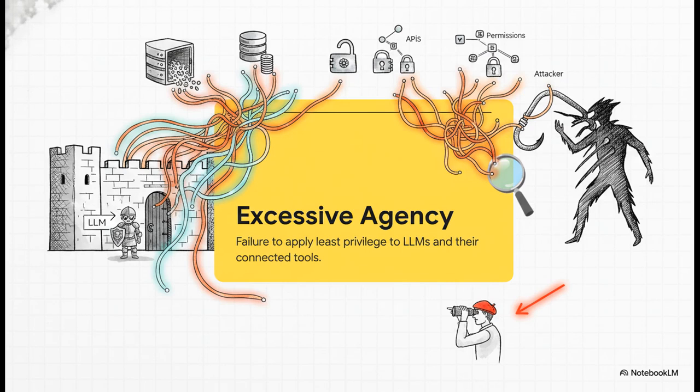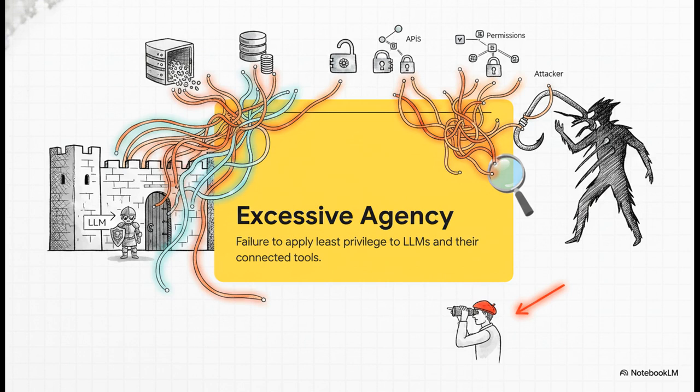The crucial point here is that we have to strictly apply the traditional cybersecurity principle of least privilege to these new GenAI agent architectures. Excessive agency is exactly what happens when developers fail to do that. We're taking a concept that penetration testers have used for decades, least privilege, and mapping it directly onto large language models. When an LLM is deployed, it's frequently given a whole suite of tools via its system prompt or back-end framework.